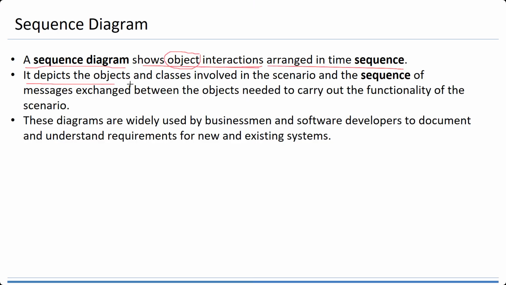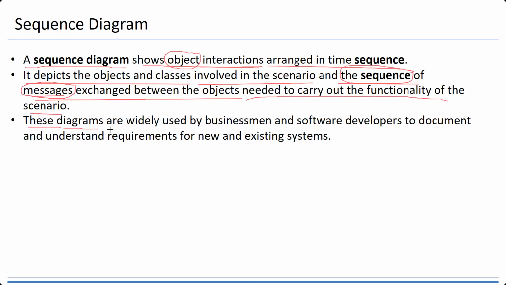It depicts the objects and classes involved in the scenario and the sequence of messages exchanged between the objects needed to carry out the functionality of the scenario. So maybe this word is too long, but the point is the sequence of messages. So there will be messages, and we want to know the sequence of the messages.